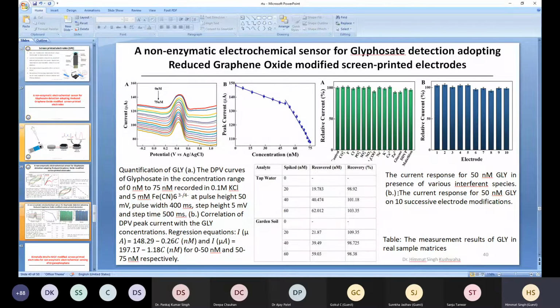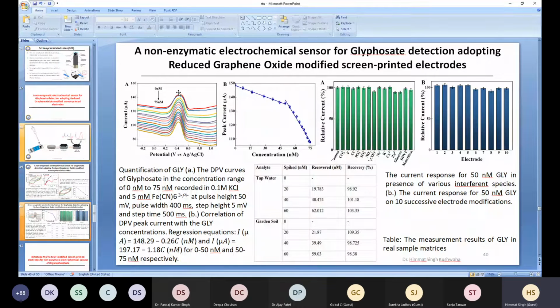In the sensing experiment, this is the differential pulse voltammogram signal with different concentrations of glyphosate in 1 molar KCl and 5 millimolar potassium ferrocyanide at a particular pulse height and pulse width.